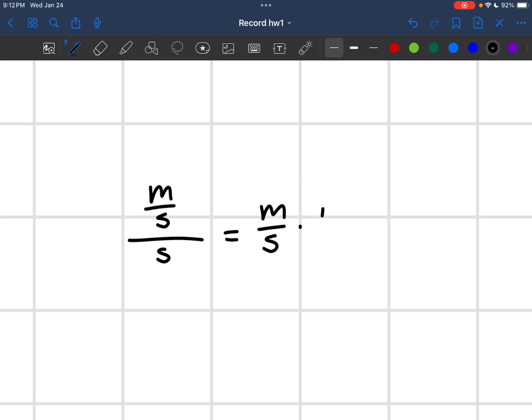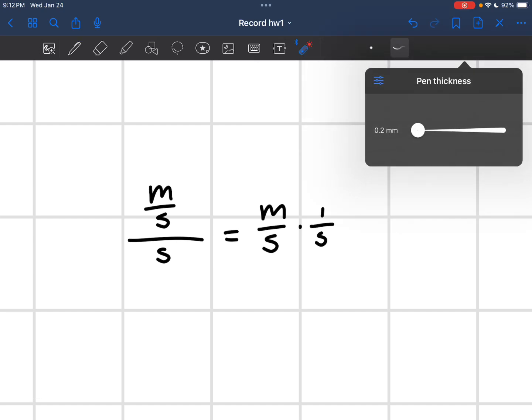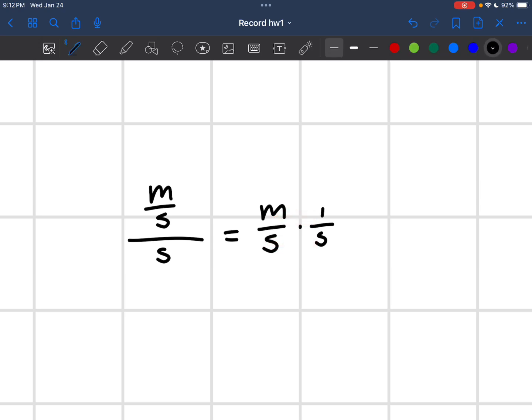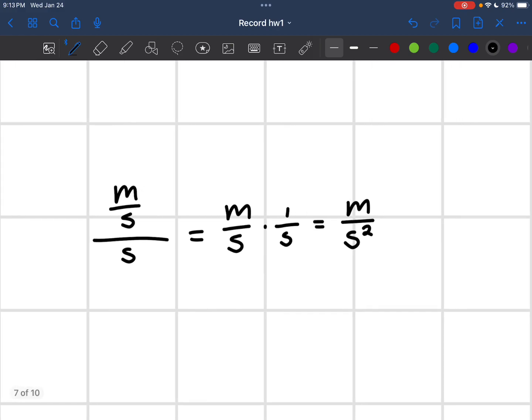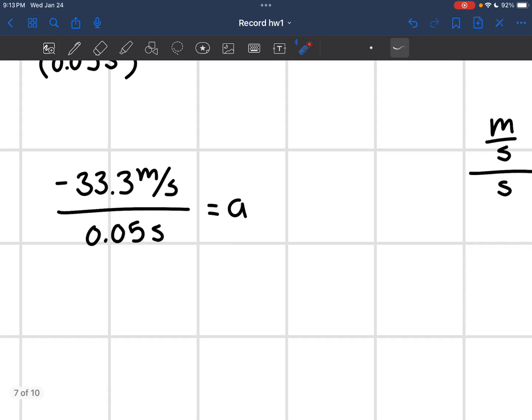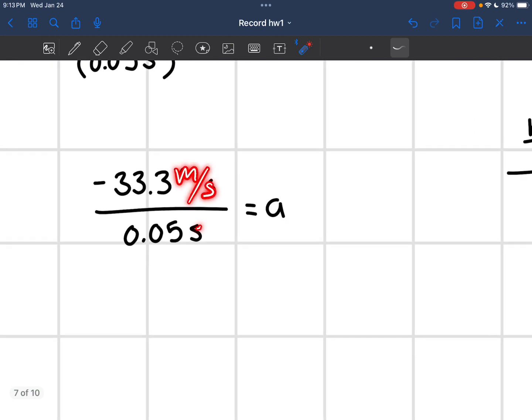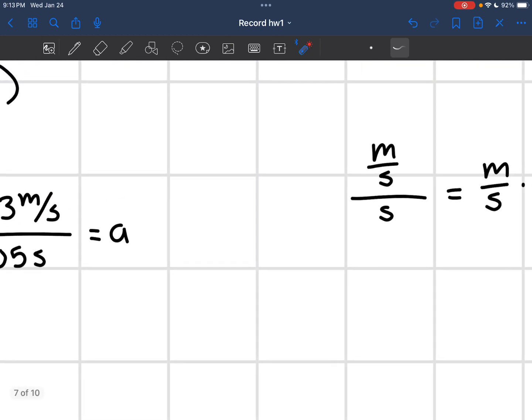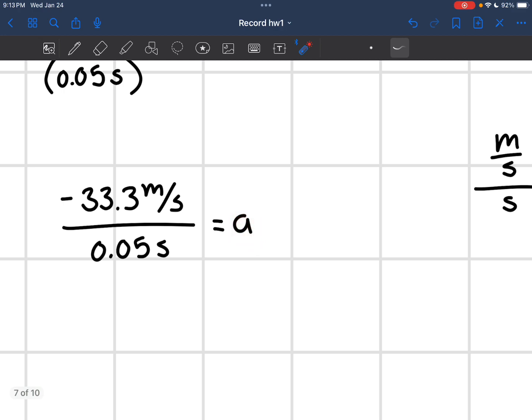Dividing is the same as multiplying like that. And if I multiply across with my fraction, I'll end up with meters per second squared, which we can recognize as our unit for acceleration, right? So meters per second divided by seconds should give me a unit of acceleration.